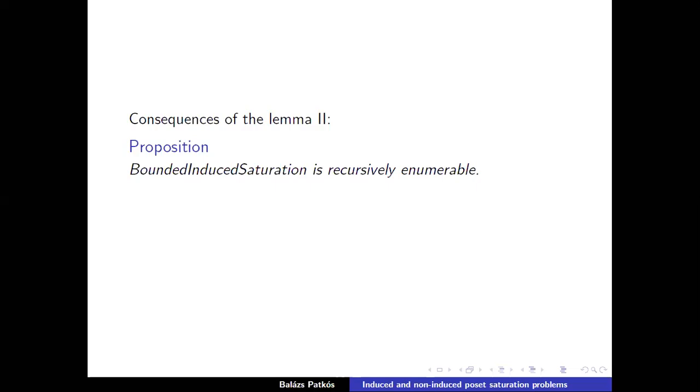If we find that, then that is a proof, based on the lemma, that the induced saturation number is bounded. So we have a proof for boundedness, but we don't have a proof for being unbounded. So it's a question whether this problem is recursive, whether there is an algorithm that decides for any poset p whether the saturation number is bounded by a constant or grows with the size of the underlying set.